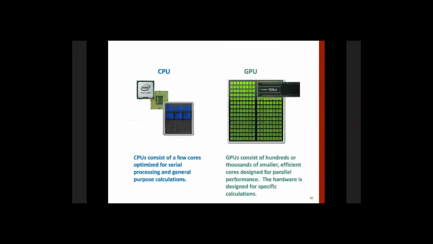Now, to give you the concept of a GPU. The CPU, the central processing unit or main processor, consists of only a few cores, optimized for general purpose calculation, right?